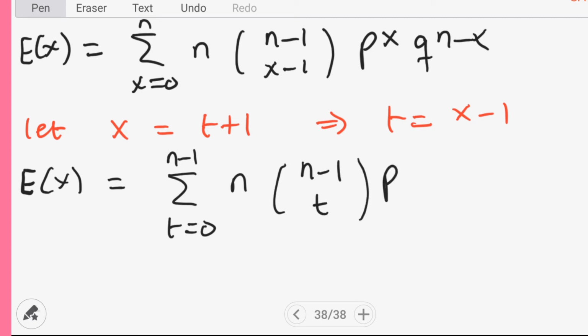And we have p to the power t plus 1, because we are substituting t plus 1 in place of x. Then we have q to the power n minus t plus 1. So as simple as that.